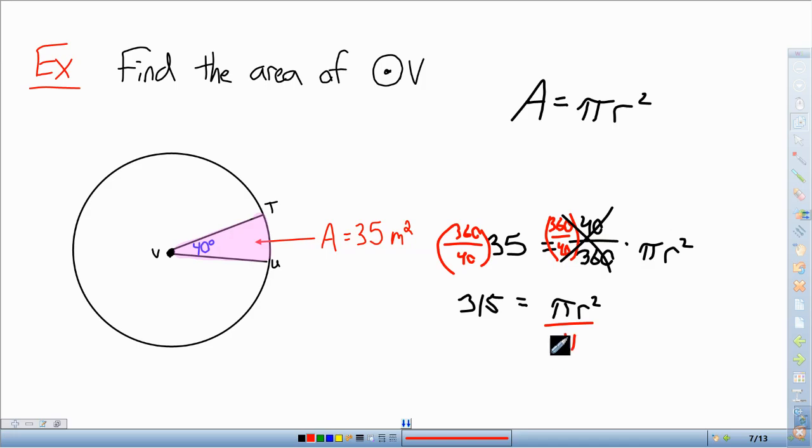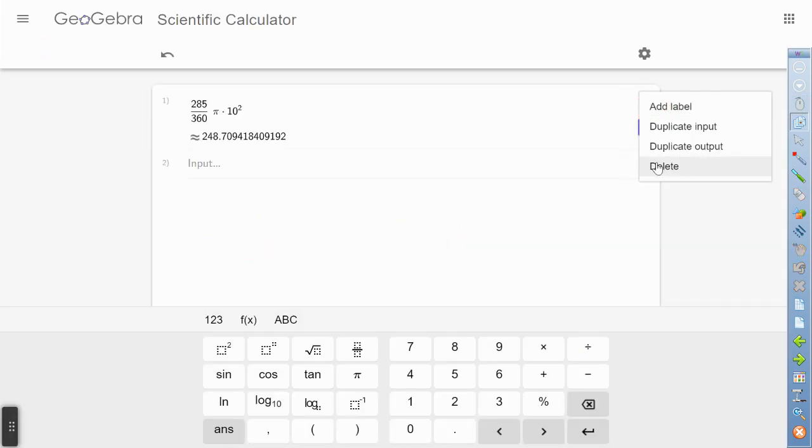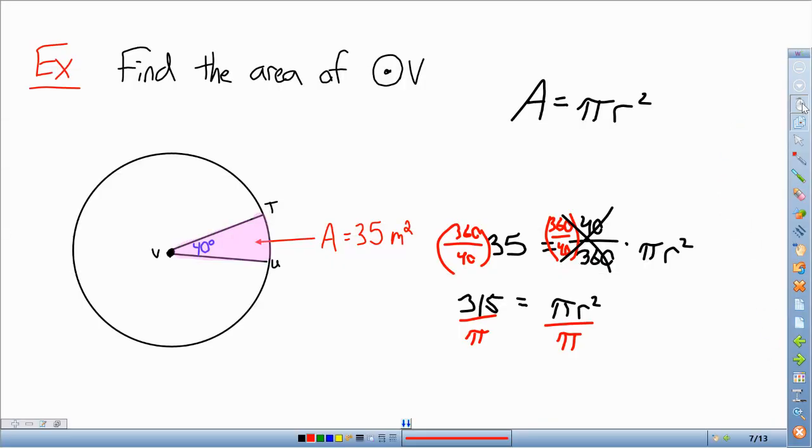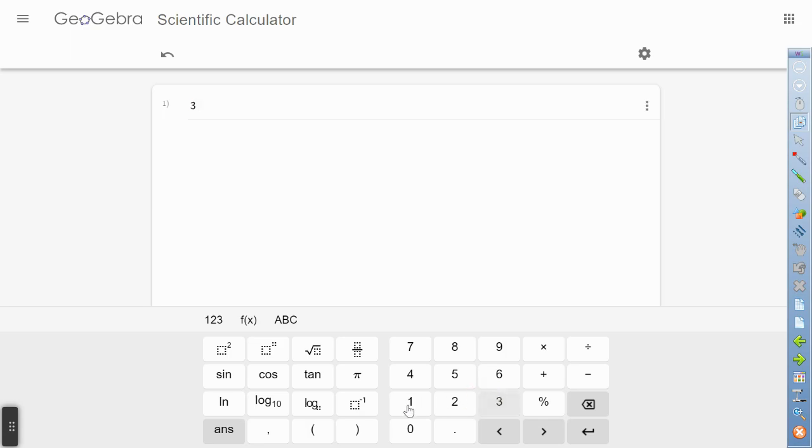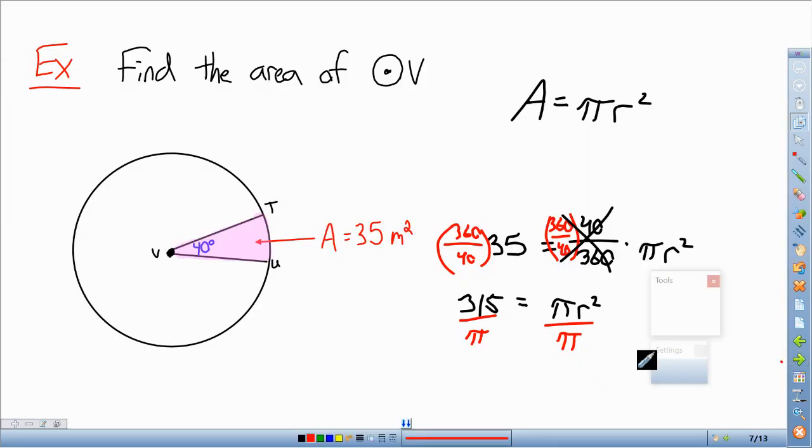First thing is getting rid of pi by dividing. Okay, this is where, let's go to our calculator. So we have 315 divided by pi. Okay, and then just kind of going back. So those are gone. We have r squared equals this step here.